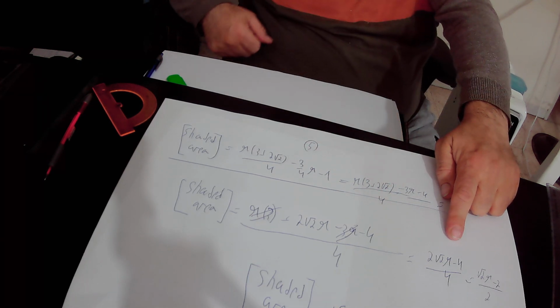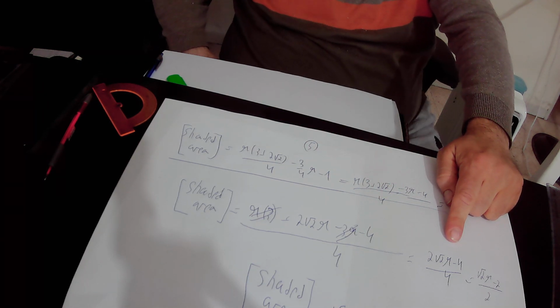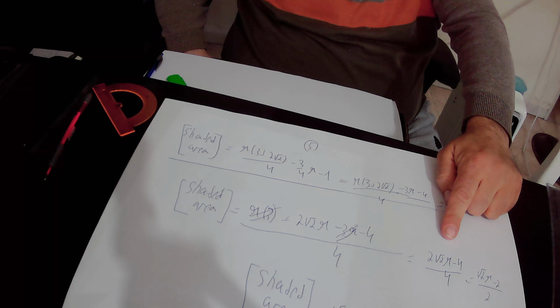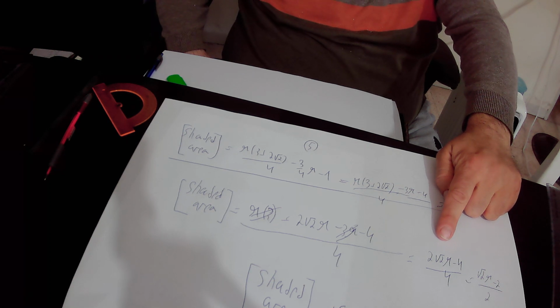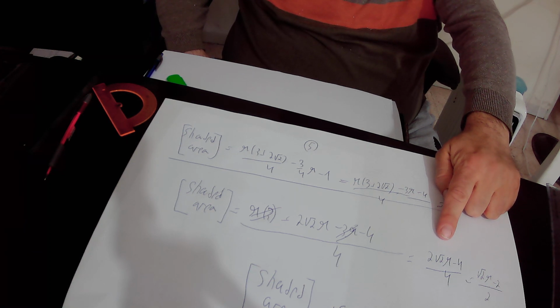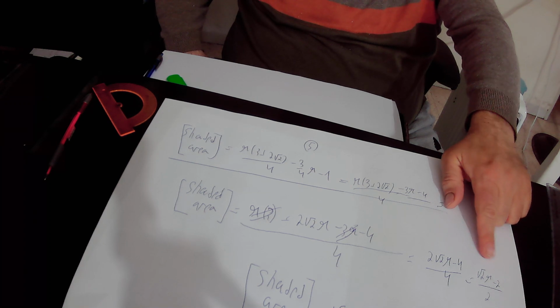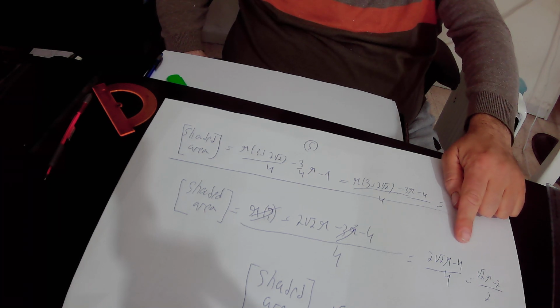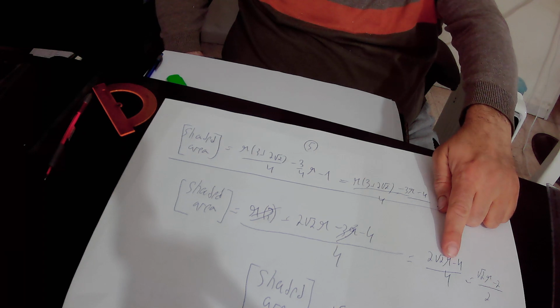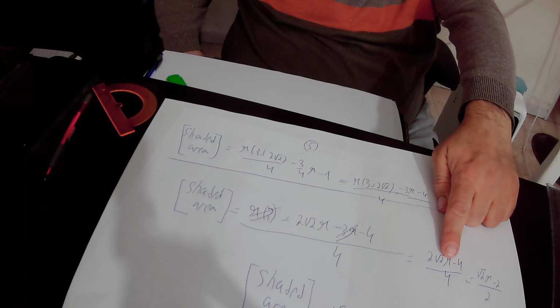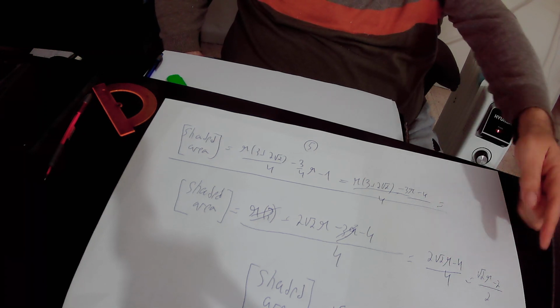Here we divided both the numerator and the denominator of this expression by 2. 2 times root of 2 times pi over 2 is root of 2 times pi, and minus 4 over 2 is 2, and here we divided the denominator 4 by 2, and 4 over 2 is 2.